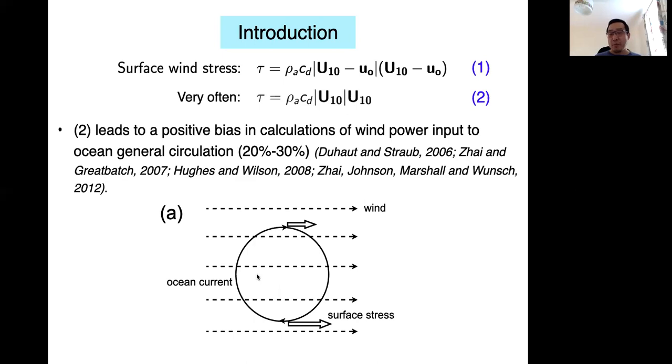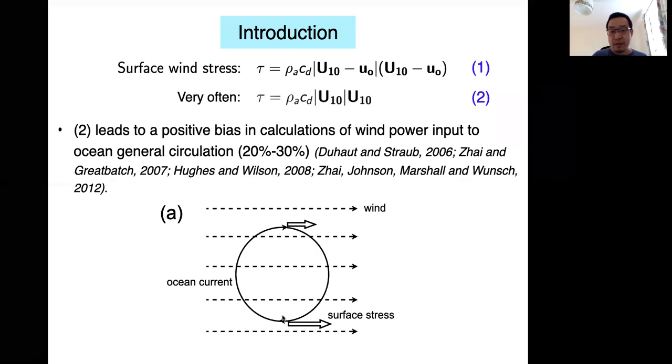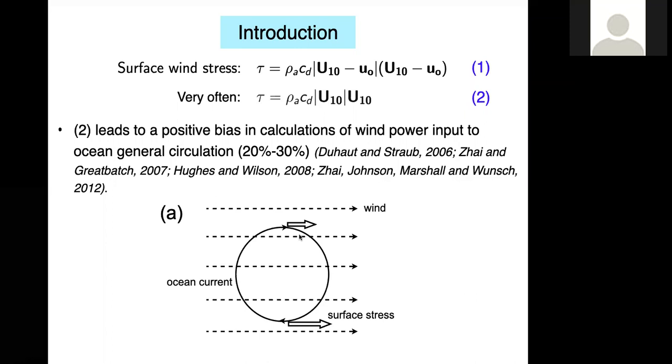Okay, so here's one explanation of what happened. Suppose we have a warm eddy in the northern hemisphere, represented by this solid circle. This eddy rotates clockwise, and it is subject to a uniform zonal wind field, represented by these dashed arrows.